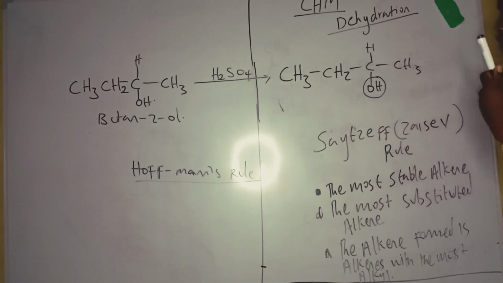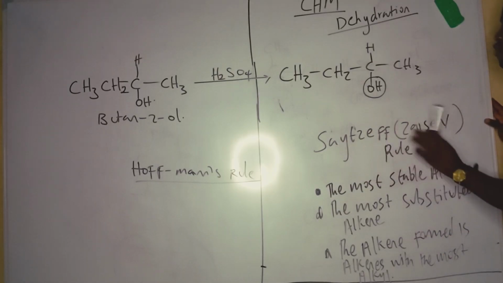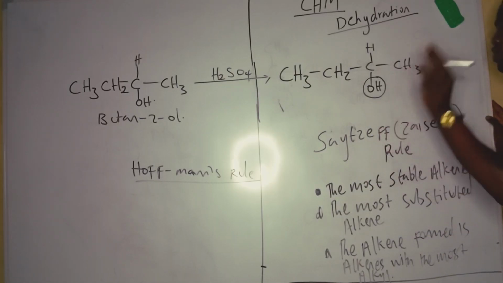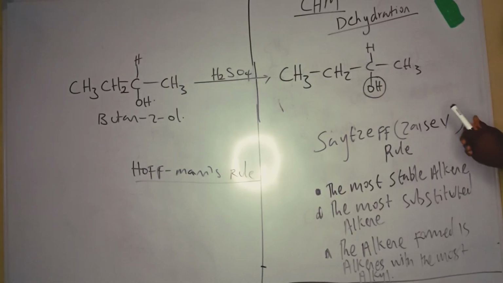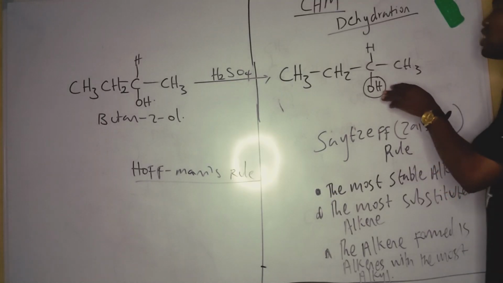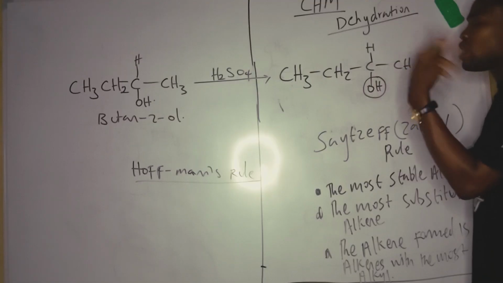Following the Saytzeff rule, the hydrogen is removed so that I get an alkene that has more alkyl groups. Now let me explain.